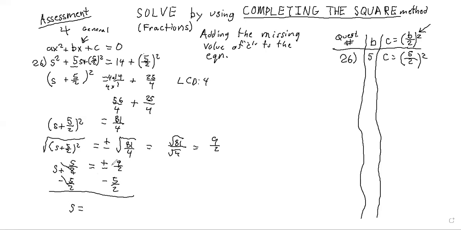Now we can't add these two numbers because the plus minus makes them different terms. They're not like terms. We just have to write them out. We write the number first, so it's minus 5/2. Then we put the plus minus part last. We always put the plus minus part last. It's plus minus 9/2. And this is our answer.